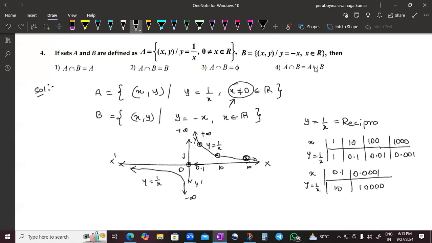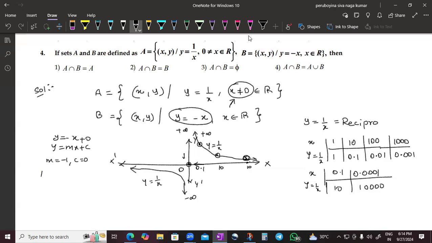And next thing, the set B. So let us describe, we know that y equal to minus x is a negative slope line. And if you compare y equal to minus x with y equal to mx plus c, we already learned in geometry, m is equal to minus 1 and the c value is 0 by comparing with the given line and y equal to mx plus c.